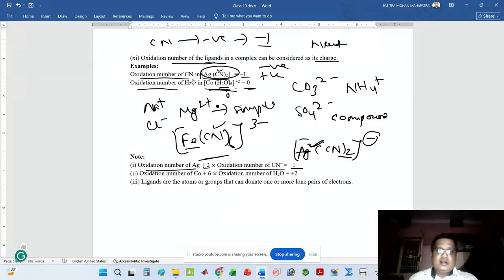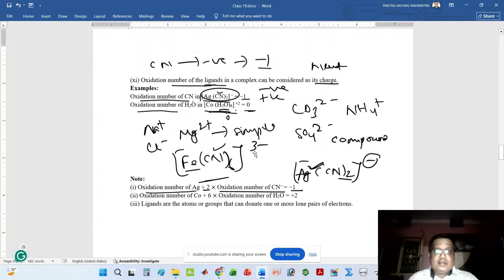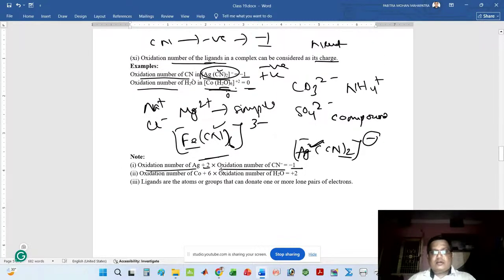The algebraic sum of the oxidation numbers of the atoms present in a molecule or ion: in case of a molecule, the algebraic sum of the total oxidation number is equal to 0. In case of an ion, it is equal to the charge. Similarly, you can think about another complex radical, cobalt, Co(H2O)6 2+.